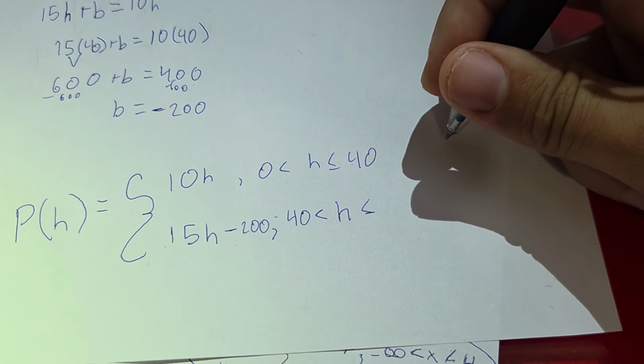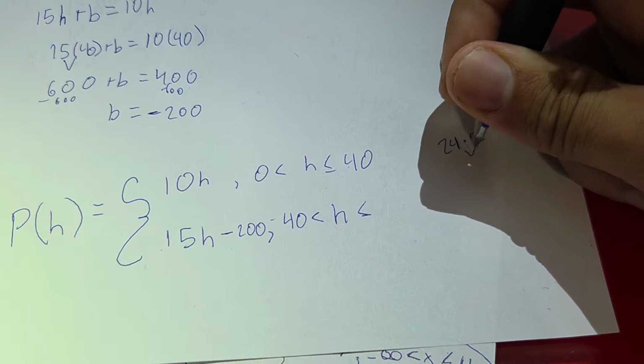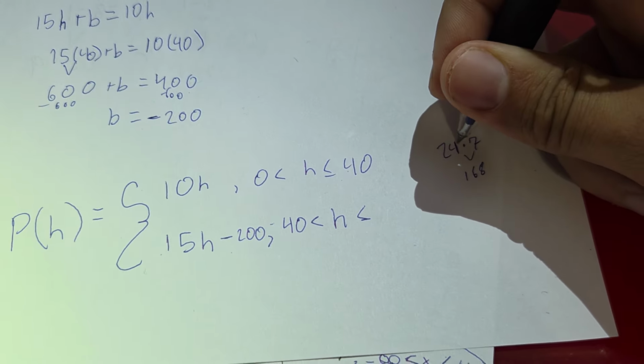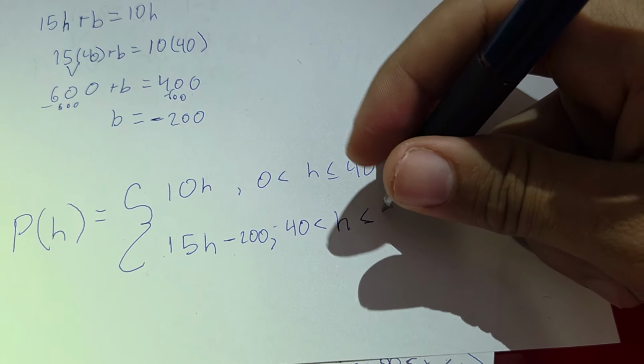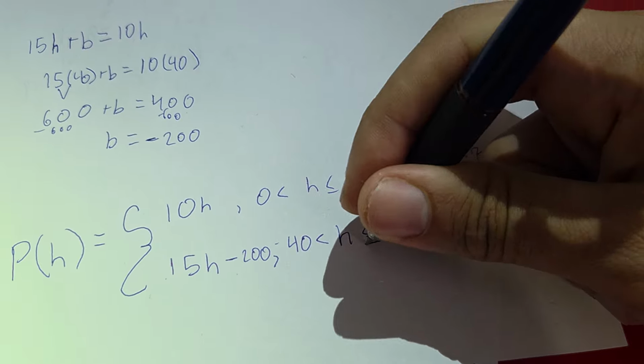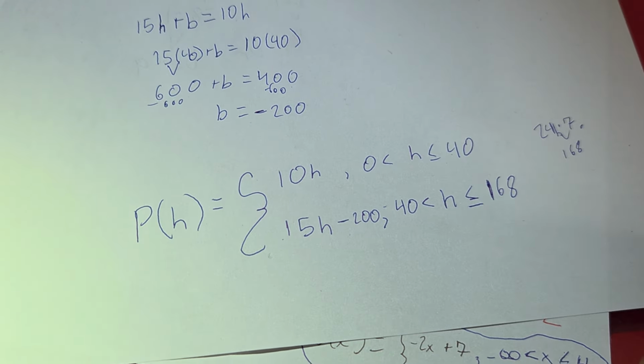So if there are 24 hours in a day times 7 days a week, that ends up being 168. So the maximum number of hours you can work in a week is 168 hours. And there you have your two system of equations.